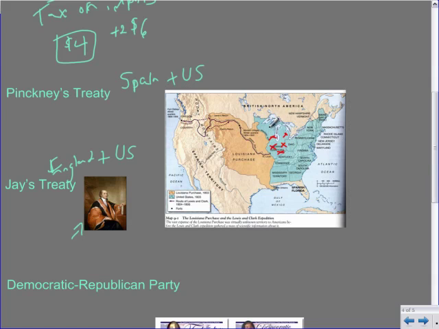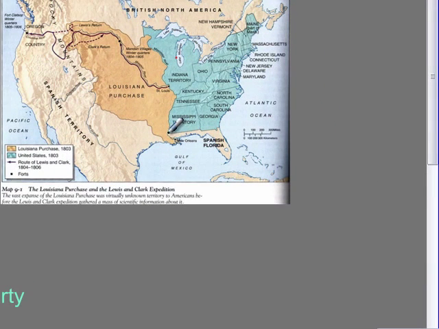First of all, Jay's Treaty gets rid of the British out here. They have forts out here. This is our land, and they are still holding forts in this area. So Jay's Treaty gets rid of those, so we don't have to worry about that. Pinckney's Treaty sets up where we are able to use the Mississippi River, and it sets this border down here once and for all. Well, not for all, but for now.